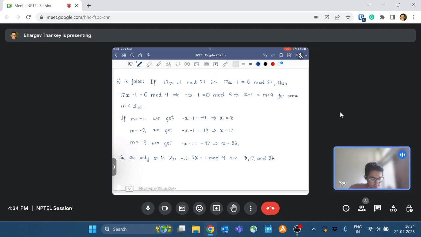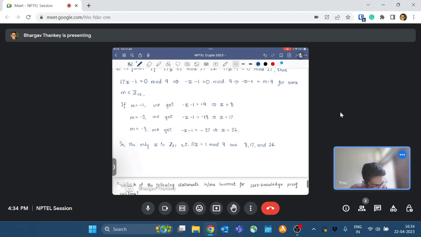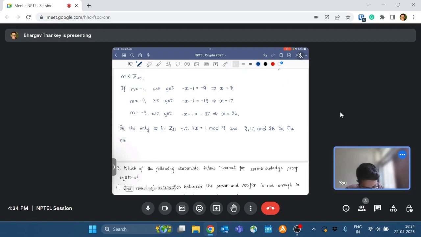Now, as we saw before, if 17x equals 1 mod 27, then 17x must also be equal to 1 mod 9. So the only possible solutions of 17x equals 1 mod 9 in Z27 are 8, 17, and 26, right?